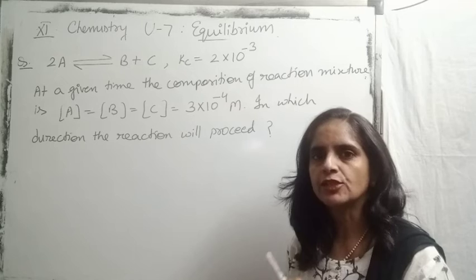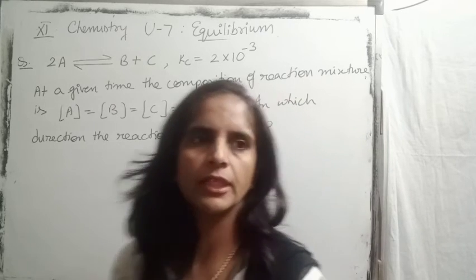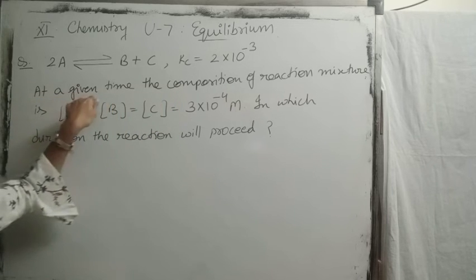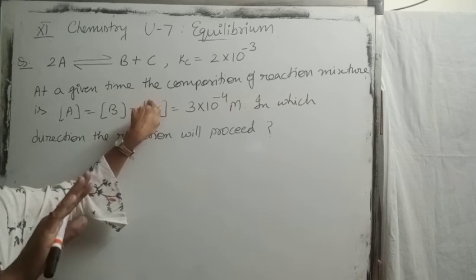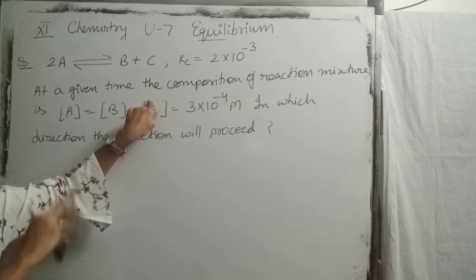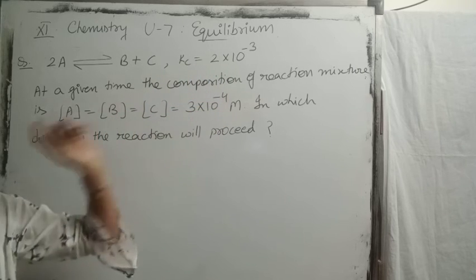To predict the direction of reaction, remember, we need to calculate the value of the reaction quotient, that is Q. Because here Kc is given and these compositions are at a particular time, meaning it's not specified that these are equilibrium concentrations. So we cannot express these values in the formula of Kc because they are not equilibrium concentrations.